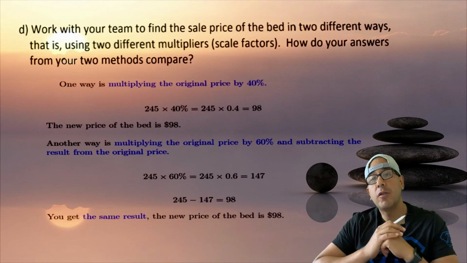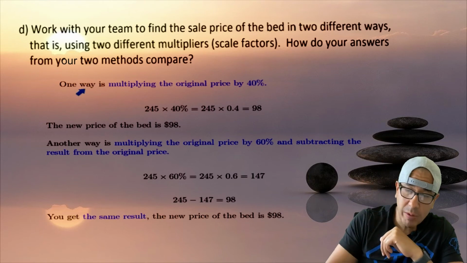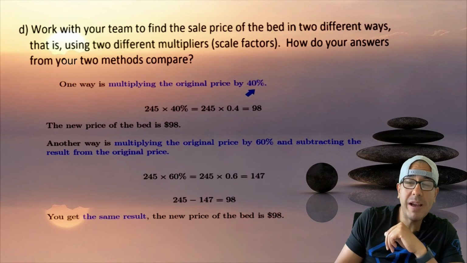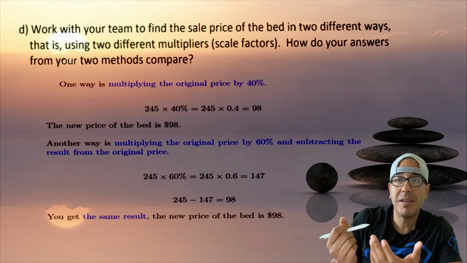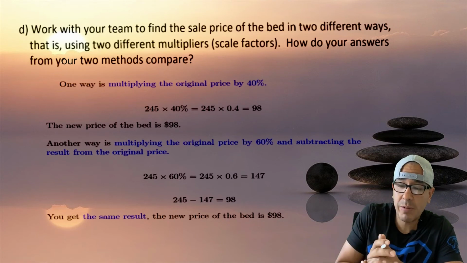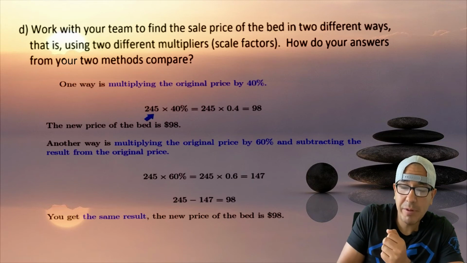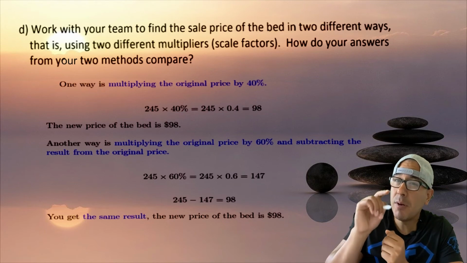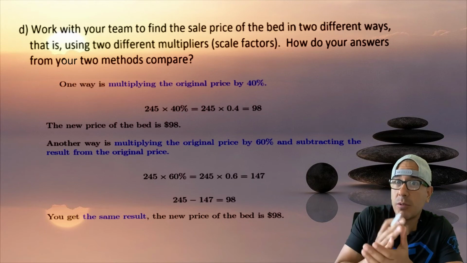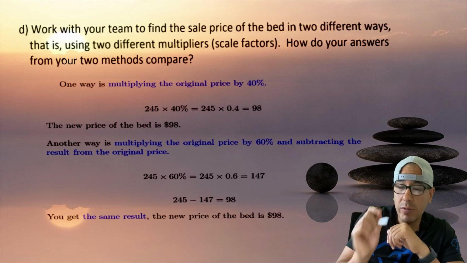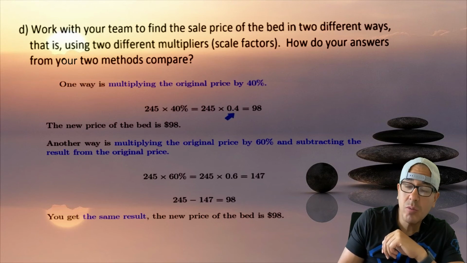Well, check the first way, right? The first way is to multiply the original price by 40% because that's how much we're going to pay of the original price, right? So we take that $245 and we're going to multiply it by 40%. But when you multiply by a percentage, you don't multiply by 40, that'd be crazy. Always change your percentages to a decimal.